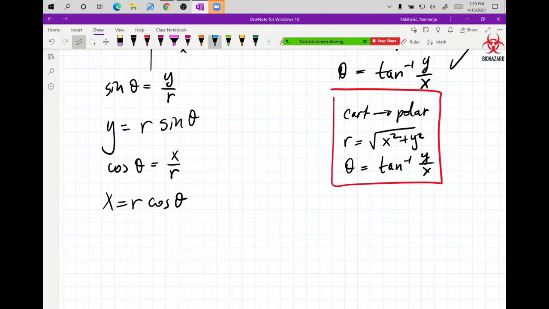And finally, let's put on the side, we have polar to Cartesian, and you have your x equals r cosine theta and y equals r sine theta.